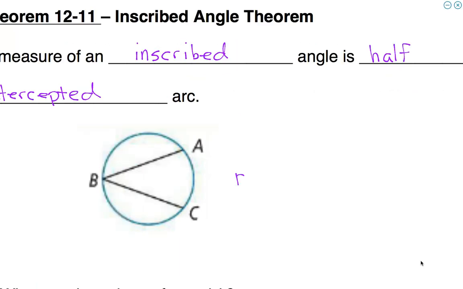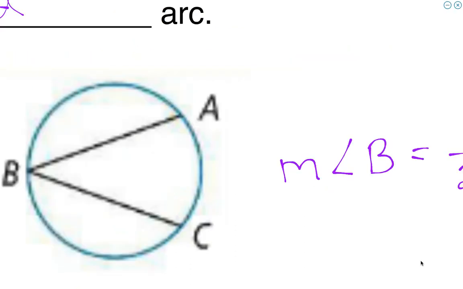So the measure of angle B equals 1/2 arc AC. So quick example, if this was 120 degrees, that means this would be 60 degrees.